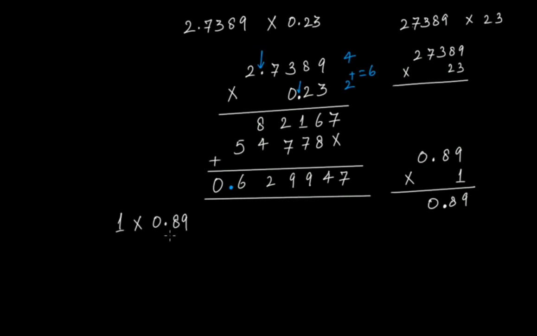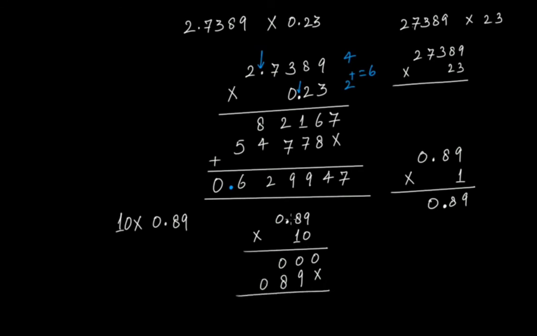Okay, if it was, let's say, let's make it 10 times 0.89, so 0.89 multiplied with 10, right? So 0 times 9 is 0, 0 times 8 is 0, 0 is 0, 1 times 9 is 9, 1 times 8 is 8, 1 times 0 is 0.